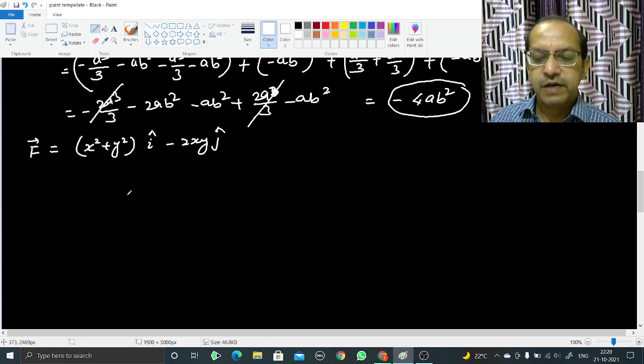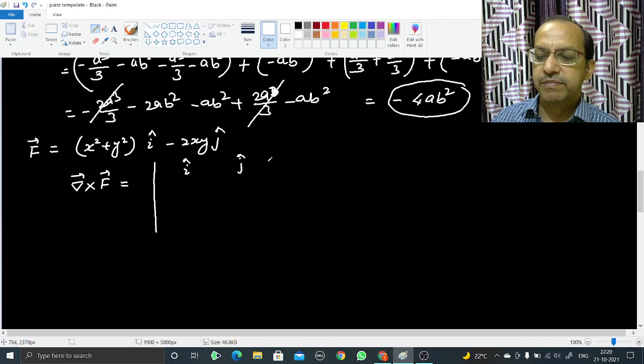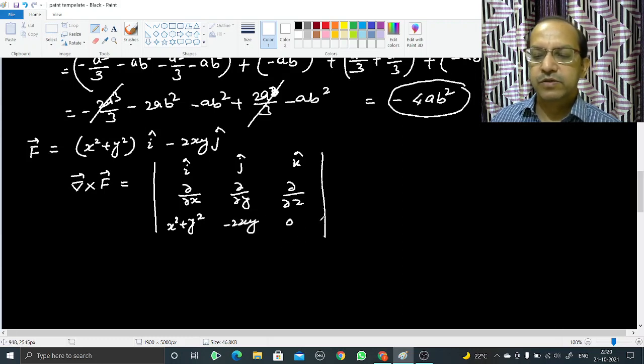So the curl of F is the determinant with i cap, j cap, k cap, del over del x, del over del y, del over del z, then x square plus y square, minus 2xy and 0. So we will start with i cap.